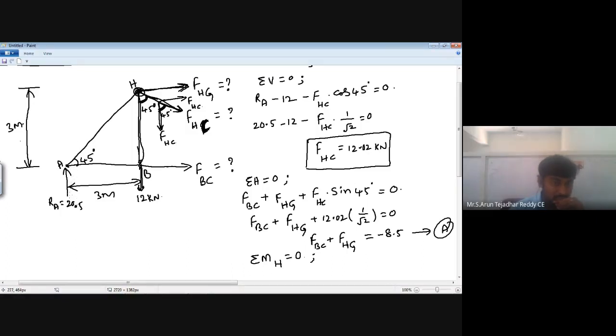So it is moving like this. It means it's a clockwise direction, so take positive, with perpendicular distance 3 meter. It means 20.5 into 3.